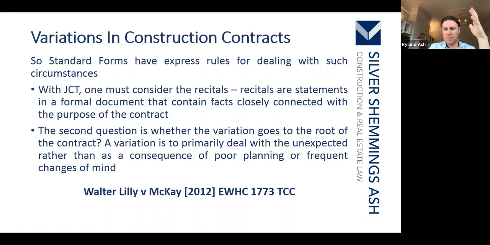There were all kinds of changes, and then he refused essentially to pay for any extension of time or loss and expense because he thought that the contractor had priced everything. The court wasn't very impressed with that argument and actually awarded the contractor substantial amounts for the extension of time and for the loss and expense. But there were comments made about certain variations, to say that ultimately they're not there to make good any poor planning or frequent changes of mind. They may lead to breaches of contract or other entitlements.